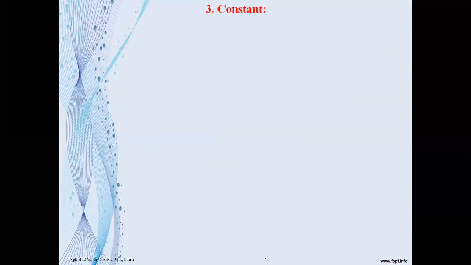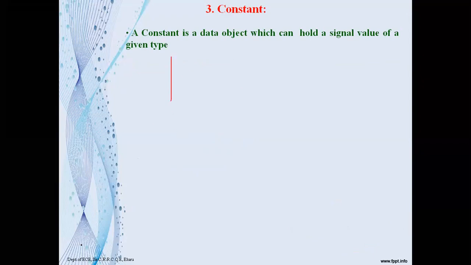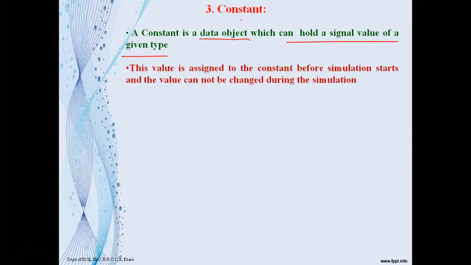And the next one, constant here. A constant is also a data object. It can hold a value of the given type. But the value is assigned to the constant before the simulation only.